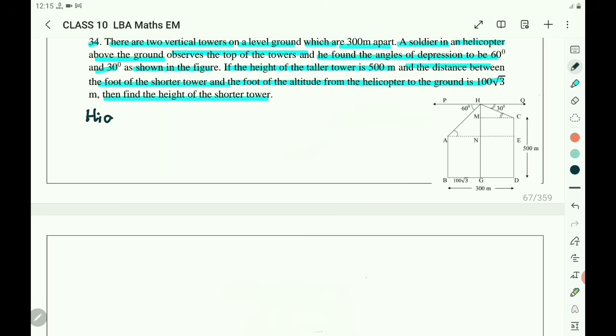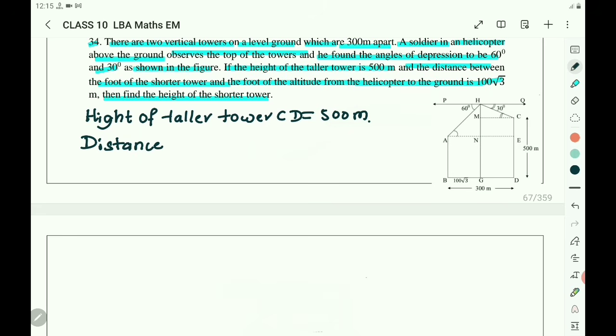Height of taller tower CD equals 500 meter, and the distance between the towers, BD, equals 300 meter.